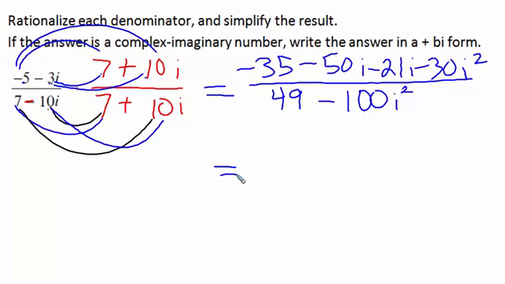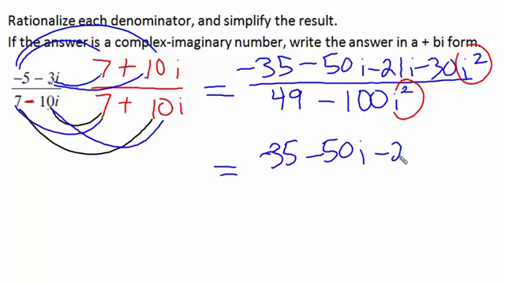We can clean up a lot of this. First of all, anytime you have i to a power, like we do here and here, we want to simplify those. i squared is the same thing as -1. So what I really have here in the numerator is -35 minus 50i minus 21i, and then -30 times -1 would be a plus 30.